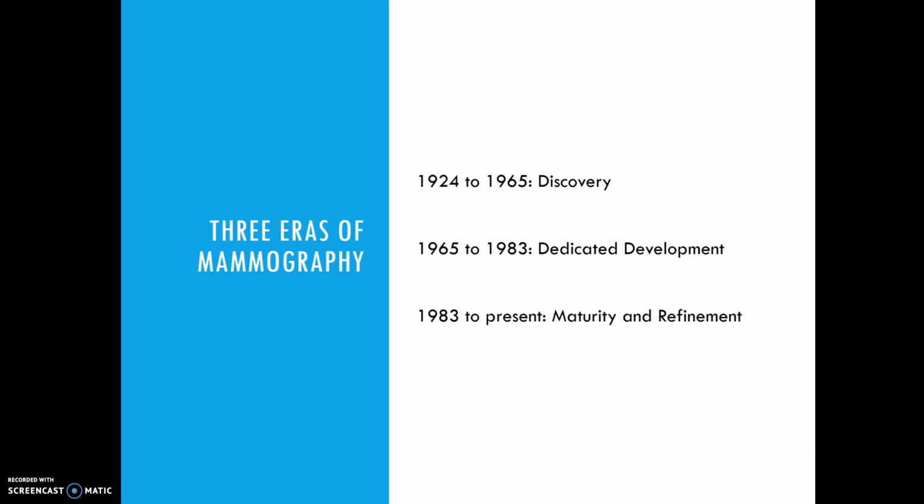And then in 1983 to the present, we will talk a little bit about the refinement of our technology and the new technology to help find cancers earlier and earlier.